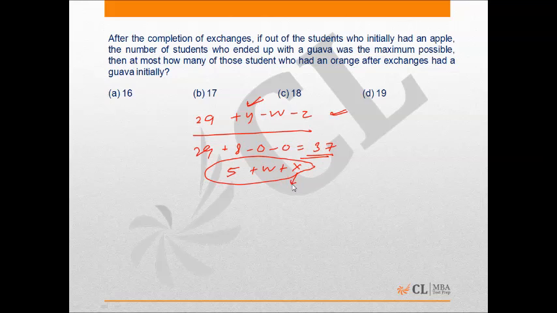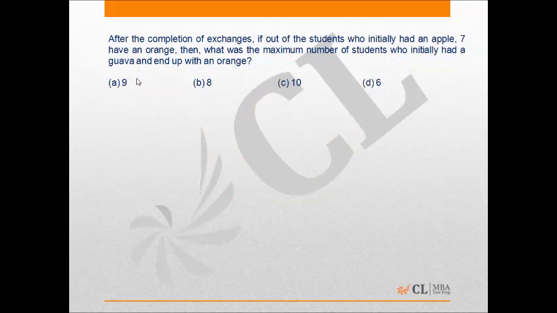In order to maximize this, the value of X has to be the maximum, which can be 11, and the value of W shall also be maximum, but this is not possible as we have already seen. In order to satisfy the other condition in this question, the value of W has to be 0, so the maximum possible value of the required quantity is 11 plus 5, which is 16. Option A is the correct answer. Let's move to the next question.